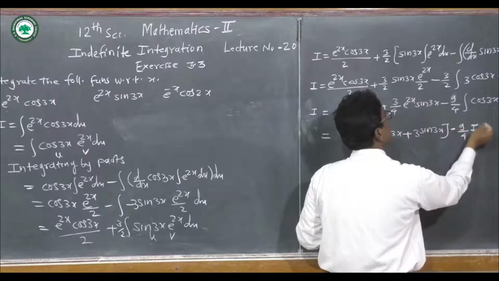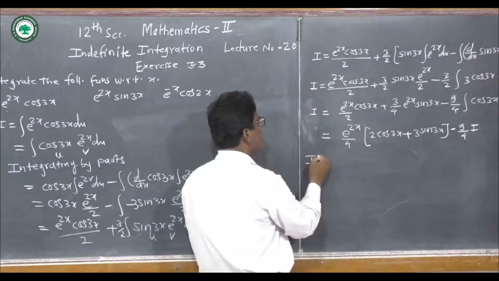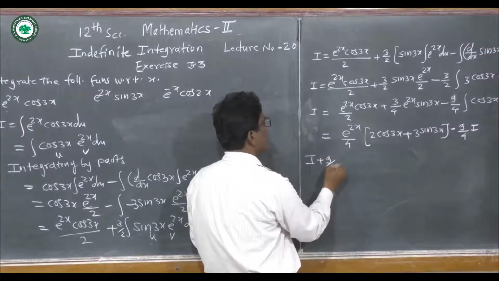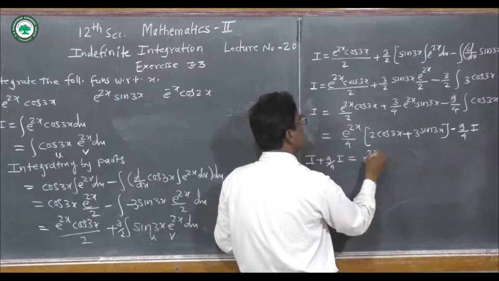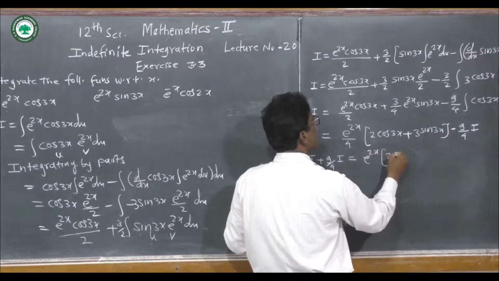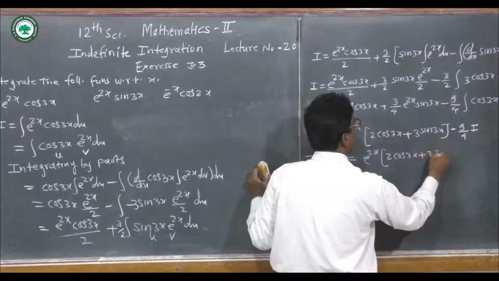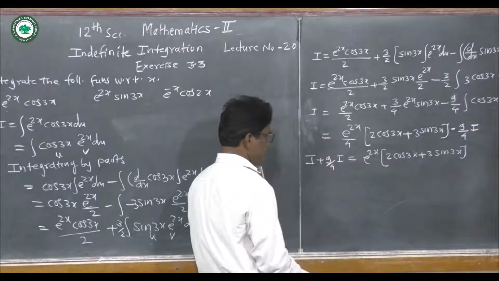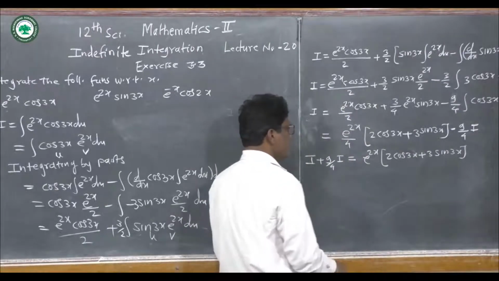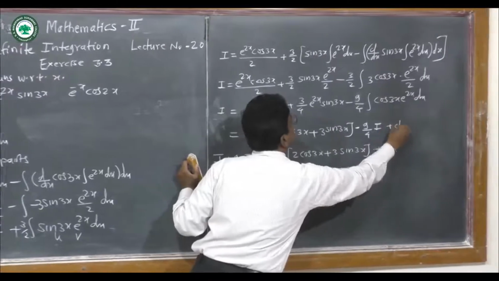So we carry this minus 9 by 4 I to left side, and so we get here I plus 9 by 4 into I, that is equal to e to the power 2x in the bracket 2 into cos of 3x plus 3 into sine of 3x, and plus here we write constant of integration, we may take plus c dash, suppose.